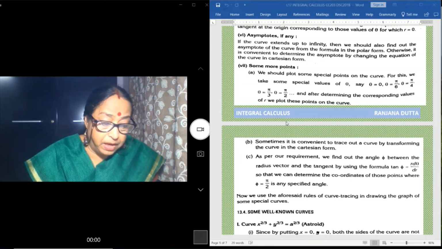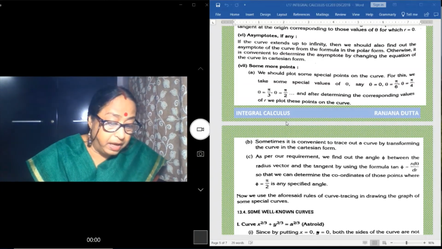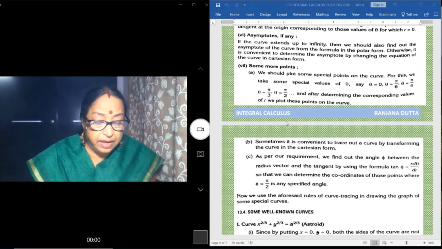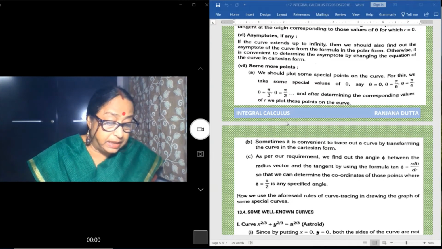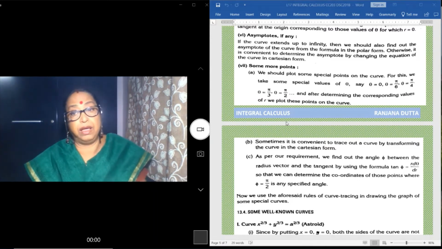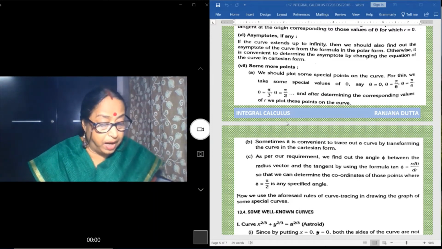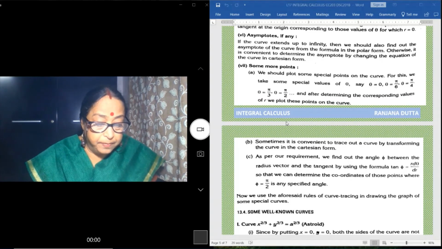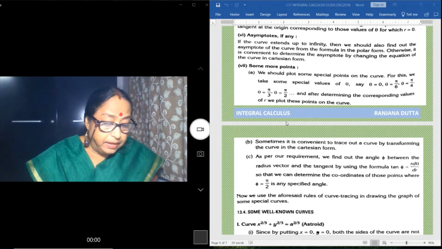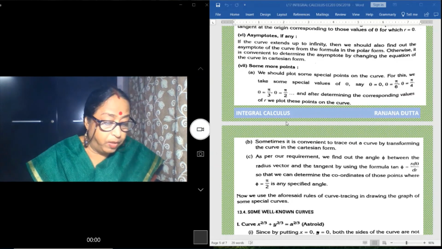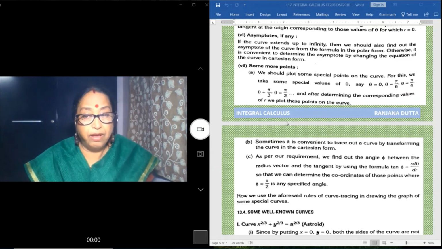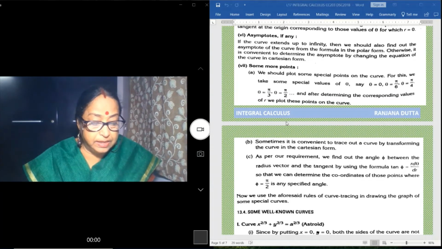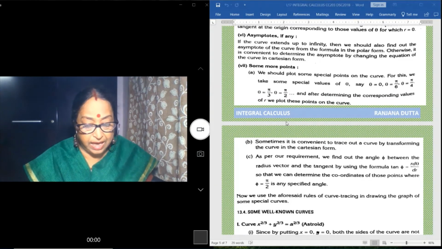As per our requirement, we find the angle between the radius vector and the tangent by using the formula tan phi is equal to r d theta by dr, so that we can determine the coordinates of those points where phi is equal to 90 degrees or any specific angle.